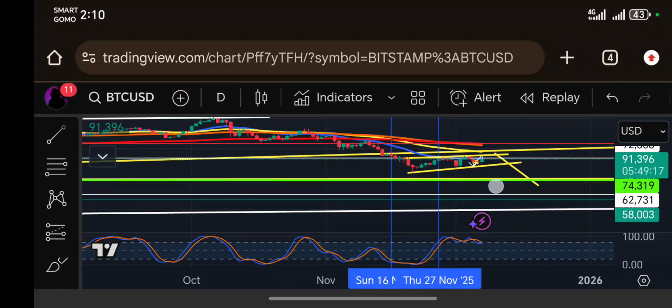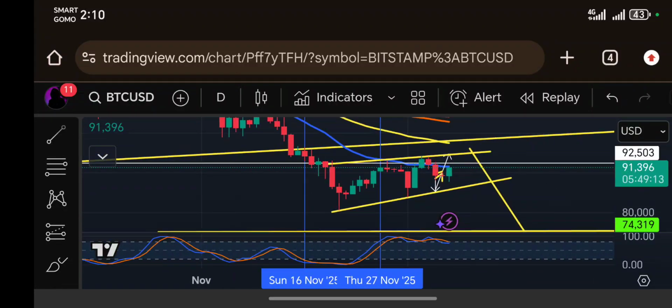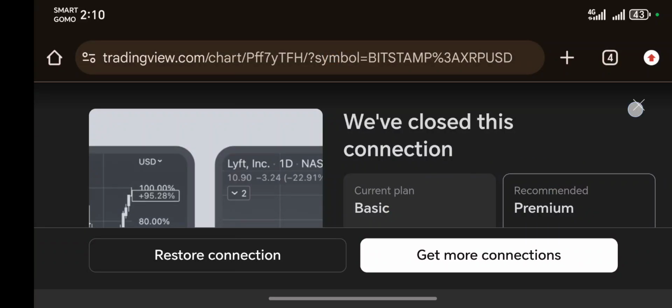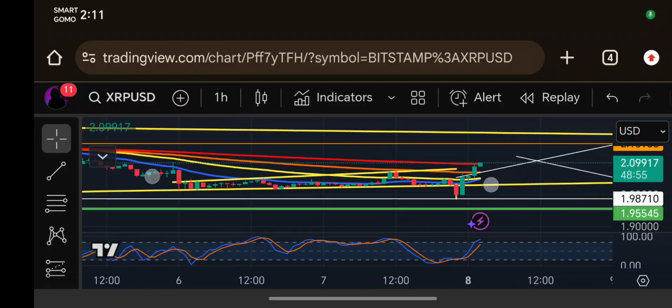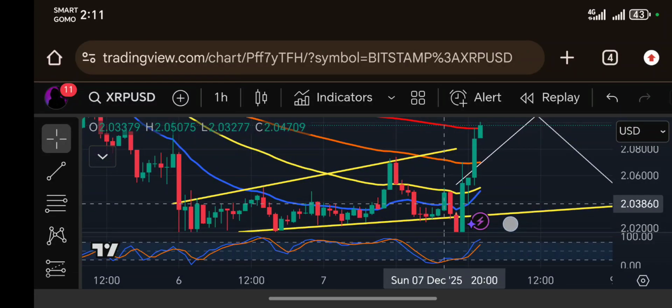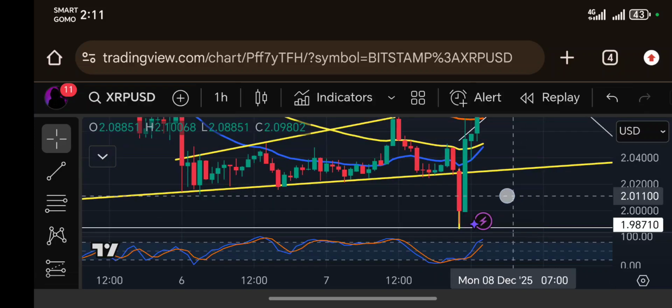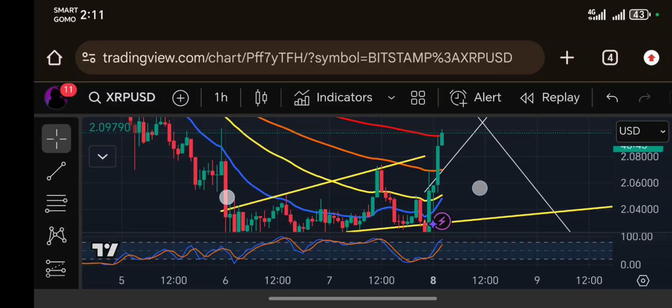Right now we're still playing inside this channel. Ups and downs, pumps and dumps, as you can see here in your XRP. Look at this. Pump and dump, then pump and dump and pump. So we're just playing here.